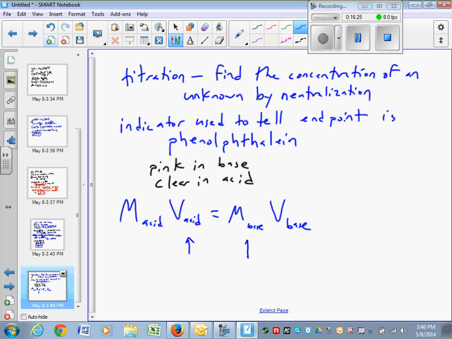So when you do the experiment, you know the volume of your unknown, you know the molarity of whatever your known solution that you're using to titrate with. In the experiment, you find the volume that you're using to titrate with, and so you have 3 of the 4, and you can use that to calculate the molarity or concentration of the acid. So this is really just MAVA equals MBVB all over again.